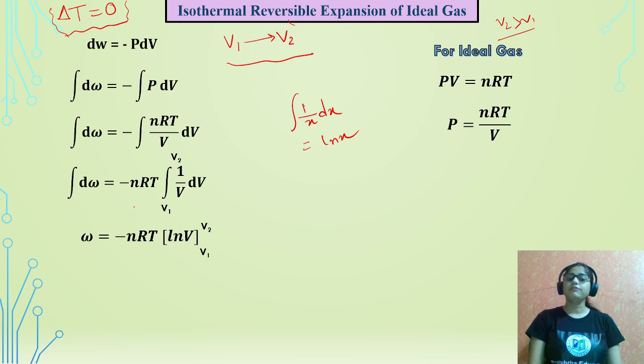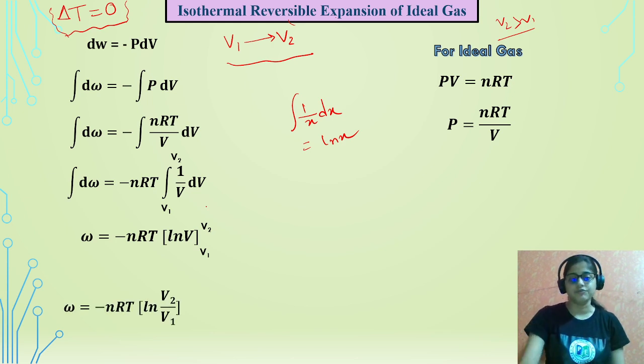So V1 to V2 it is expanding, and this is the integrated form. Now we can put in the values, right? First we put the value of V2, then a negative sign, then the value of V1. So we can write from here: minus nRT (ln V2 minus ln V1).